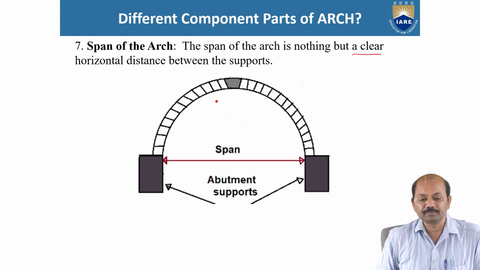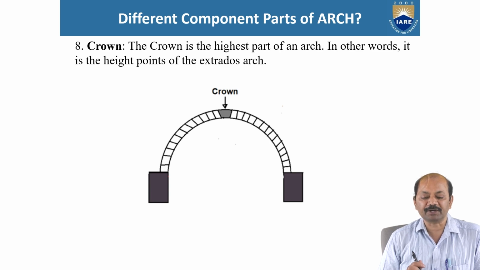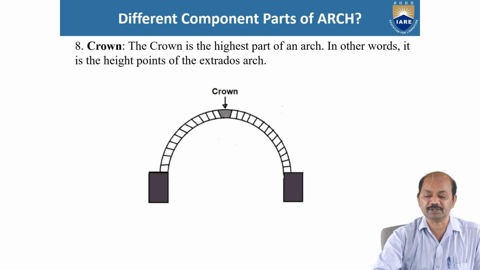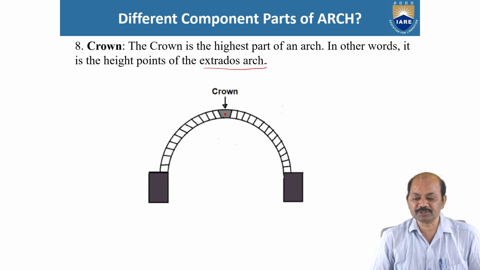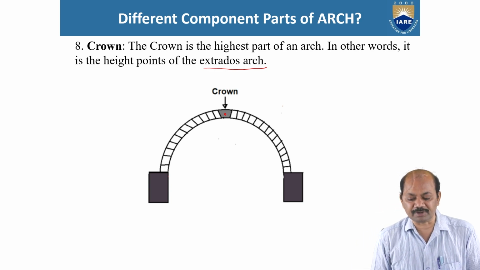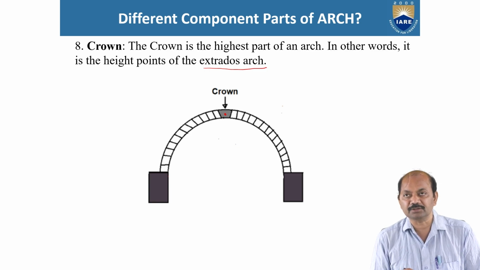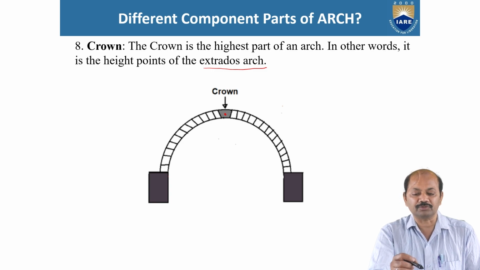Next, part 8 is the crown. See the figure. The crown is the highest part of an arch. The highest part is here. In other words, it is the highest point of the extrados. Extrados, as you already know, is the outer curved surface of the arch. On the outer curved surface of the arch, the highest part is the crown, right?